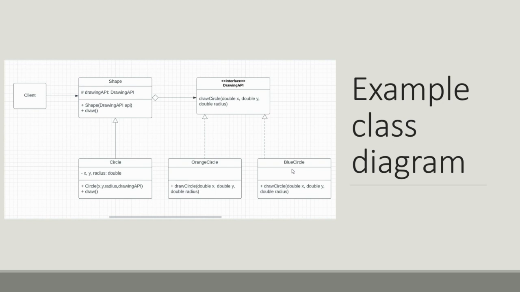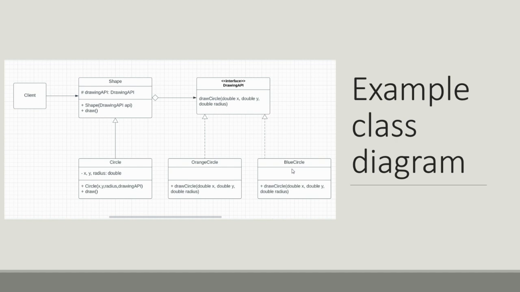And for the implementation, the drawing API, this API actually does the low level work of the program. It draws the circle, and I mean, it's a drawing API, so it should draw any shape. But here in this program, since this is a basic program, we're only going to be dealing with circles.